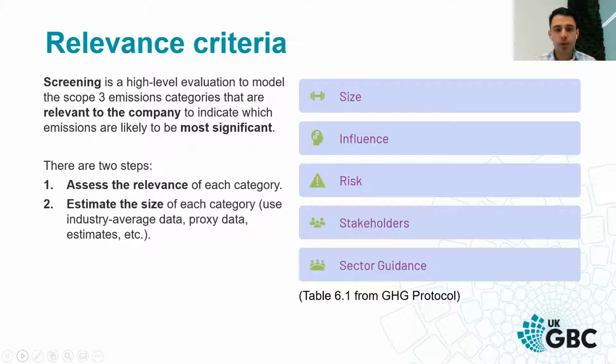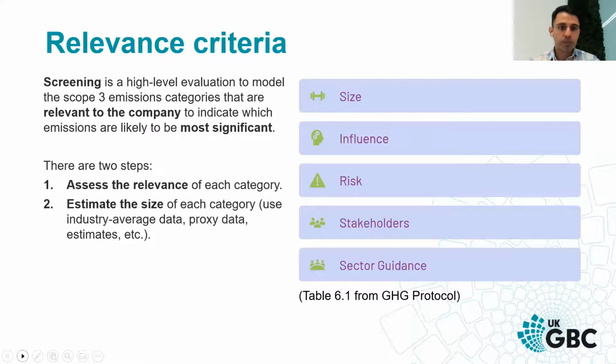An example of one of the criteria which might trigger a deeper analysis could be a stakeholder that might have set a net zero target that's a tenant in a leased asset. That's a trigger for actually understanding what their tenant emissions are, to understand how to calculate them and how to mitigate them. So that's just an example of the relevance criteria.